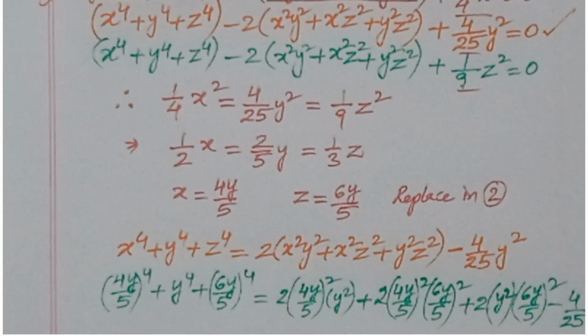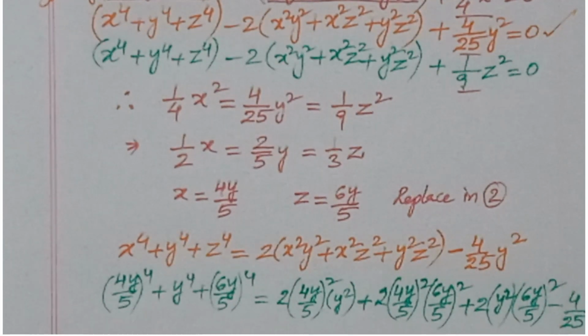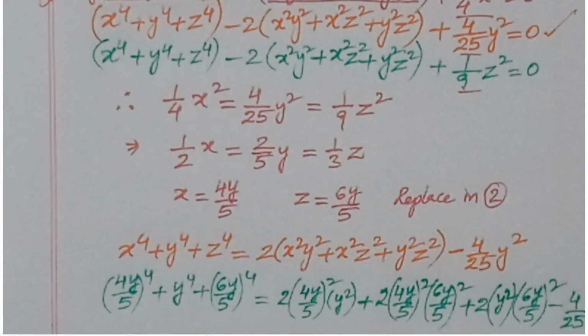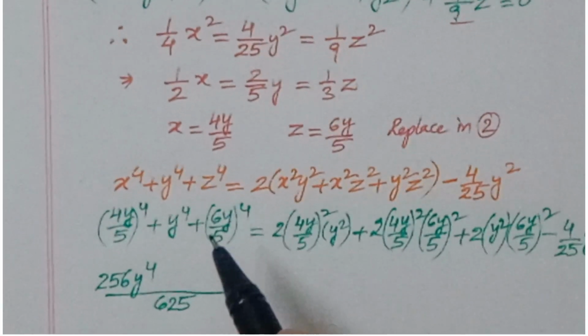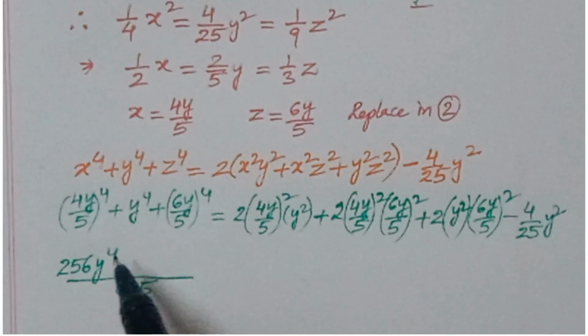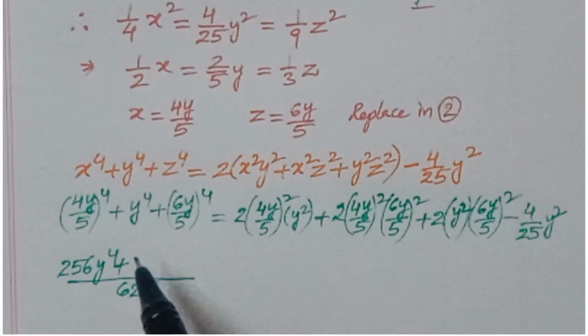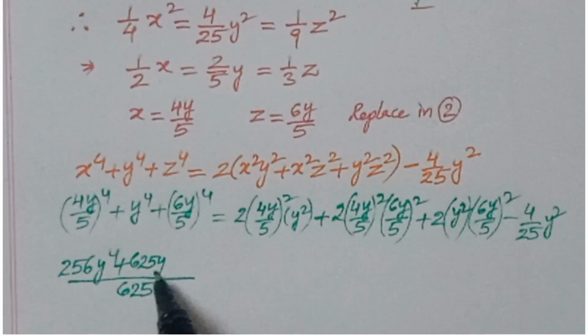So here we are getting LCM 625. So this one will get 256 y to the power of 4, 256 y to the power of 4. Second one 625 y to the power of 4.